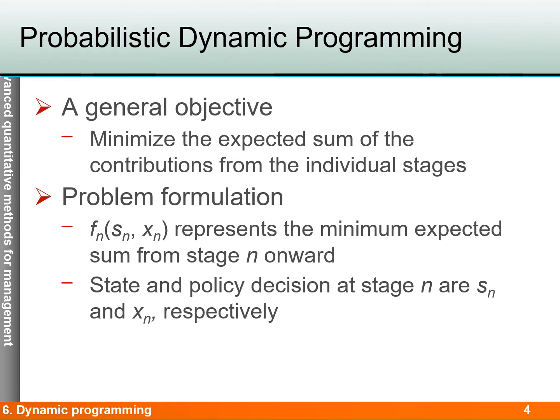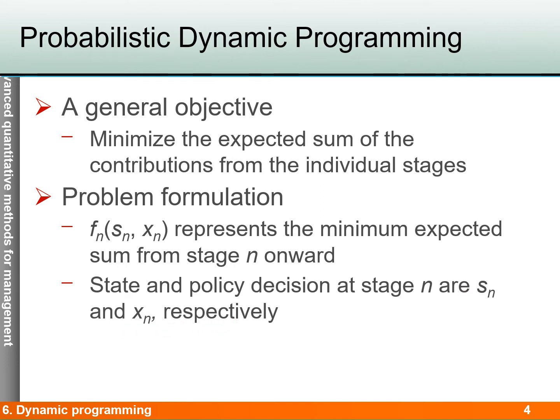To illustrate this concept better, let's review one idea. Suppose that the objective is to minimize the expected sum of the contributions from individual stages. In this case, Fn of Sn and Xn is the minimum expected sum from stage n onward, given that the state and policy decision at stage n are Sn and Xn respectively.